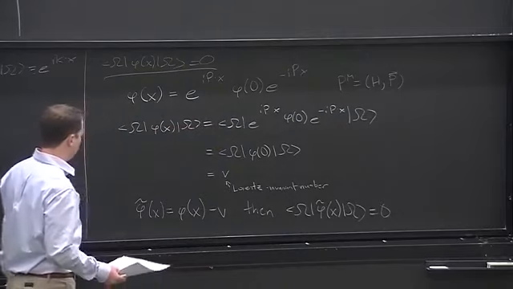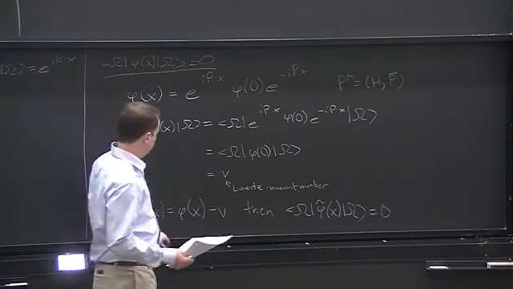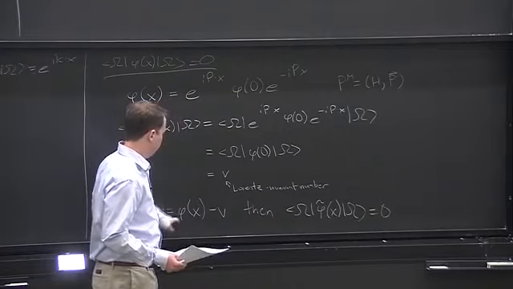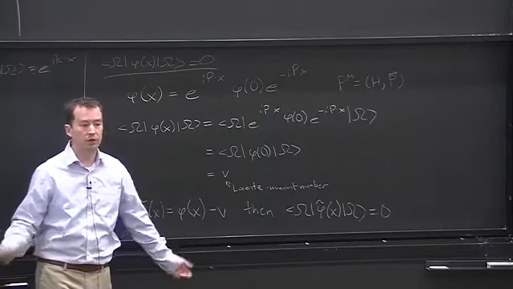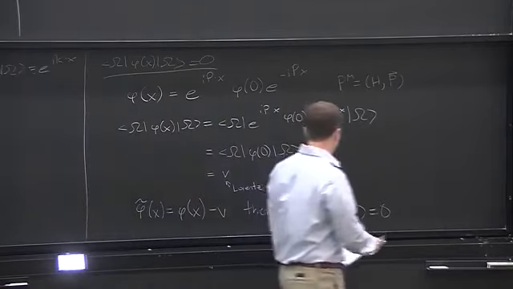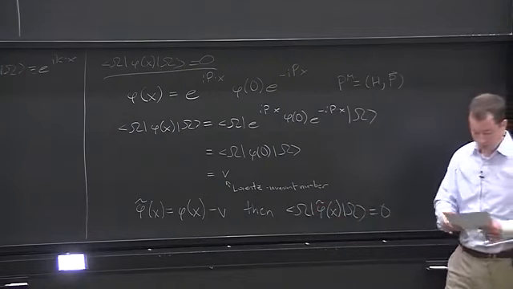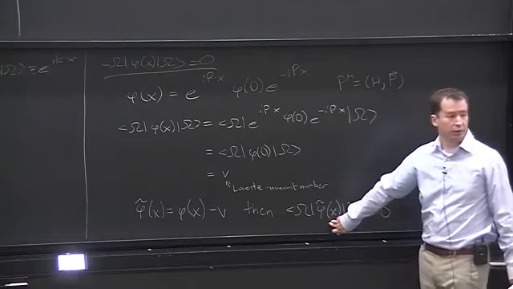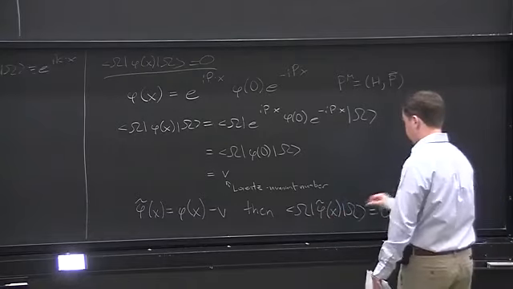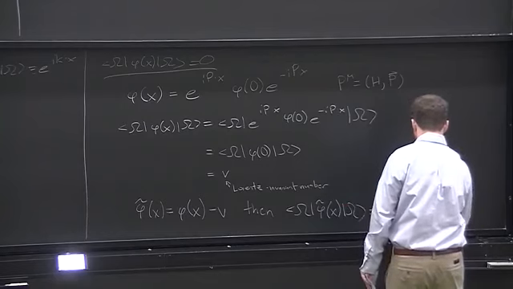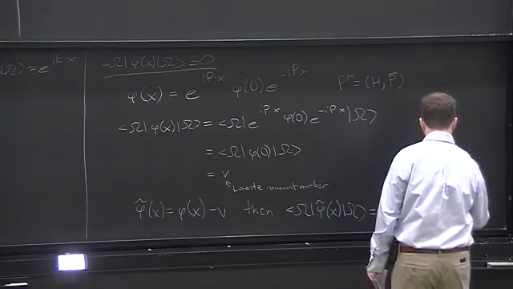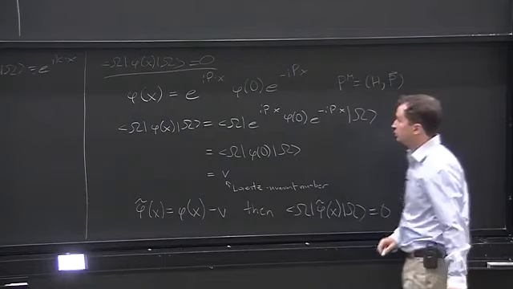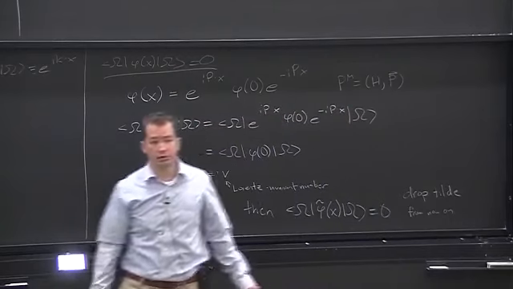And so, while maybe we can't use the LSZ formula in the form I've written it for an arbitrary field operator, as long as we're willing to do a shift, we can. So we'll just choose to do that shift. From now on, we're always going to be working with this shifted operator, and so I'll drop the tilde. So we can make this work as long as we're willing to shift our field.